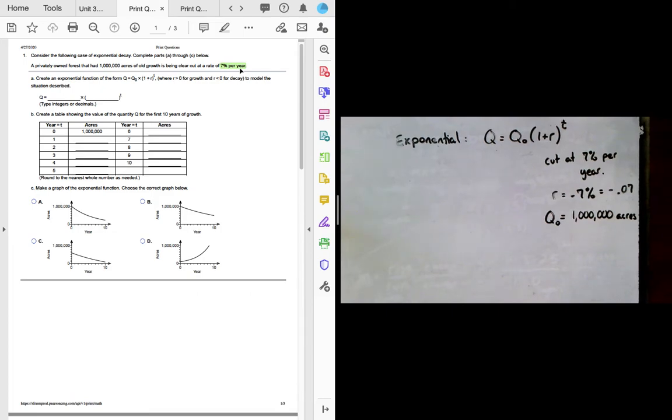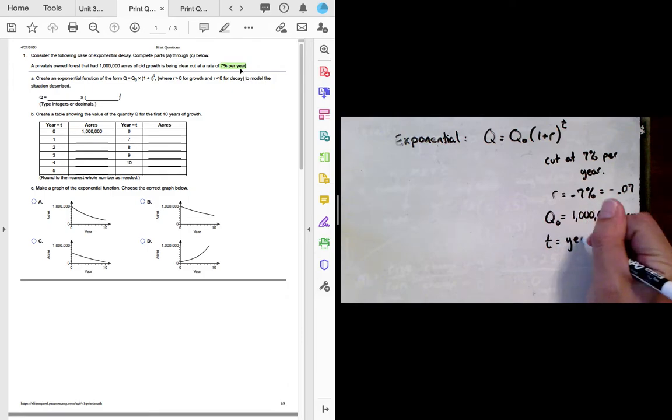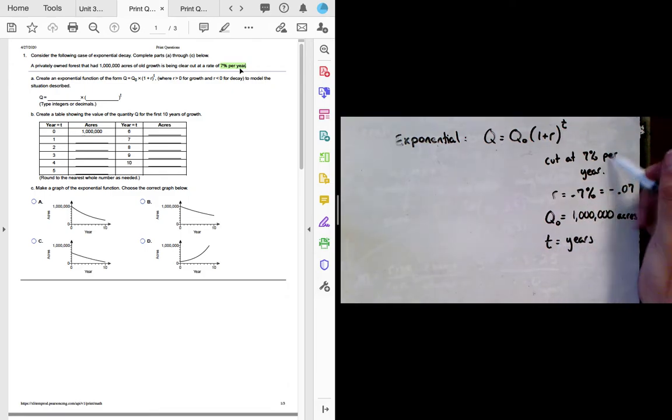Okay, so this whole model is telling us how many acres are going to be left over a period of time. And time in this case, they told us, is being measured in years, because this rate here is 7% per year. So that gives us our model in terms of time as well. So the input is going to be years, and the output is going to be acres.